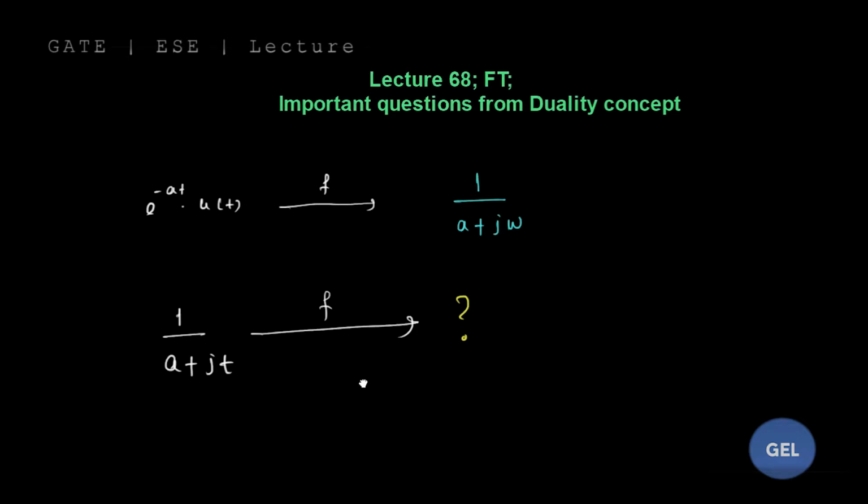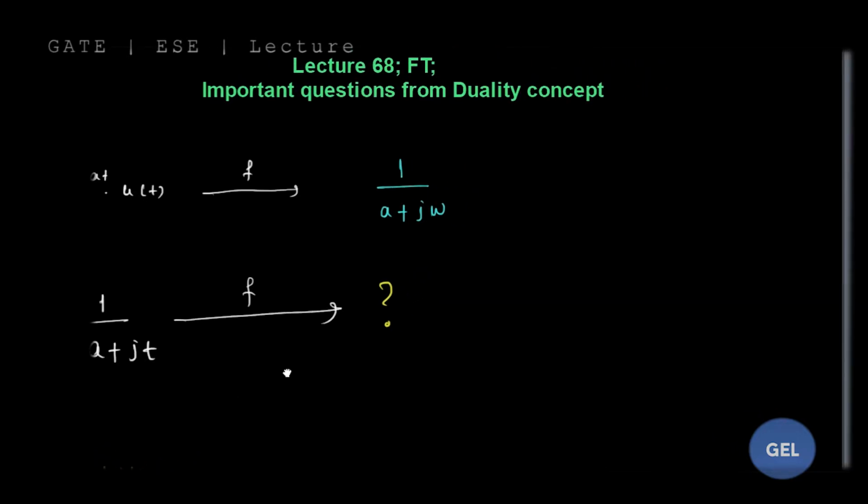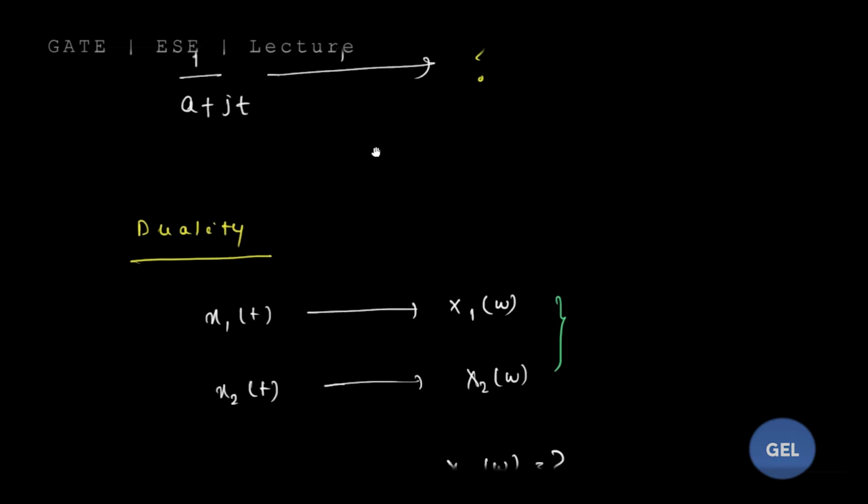So let's start with the duality concept. Look here carefully, very important. If there is x1(t) whose Fourier transform is X1(omega), and x2(t) whose Fourier transform is X2(omega), where the arrow means Fourier transform, then in the question, x2(t) will be given, and X2(omega) will be asked.